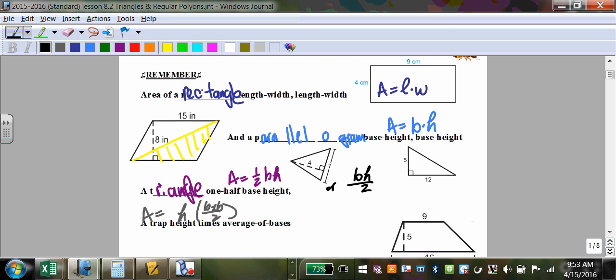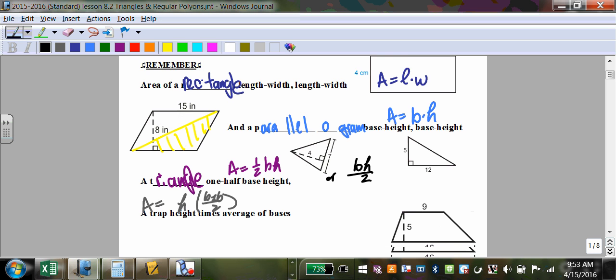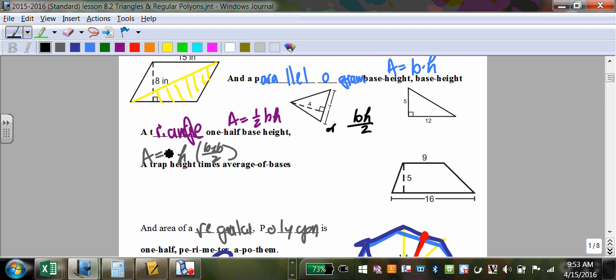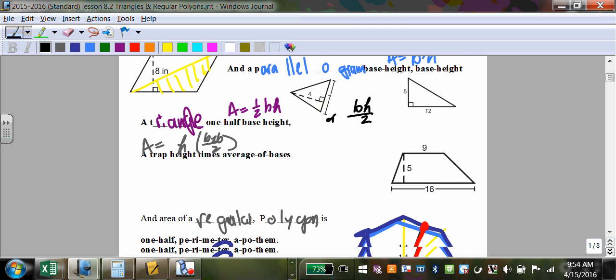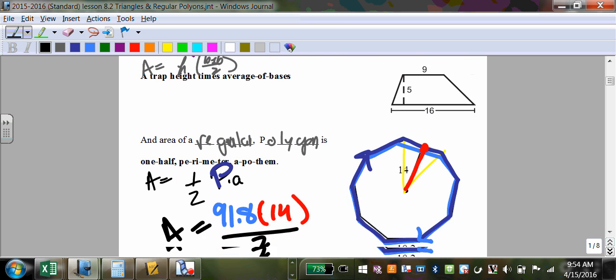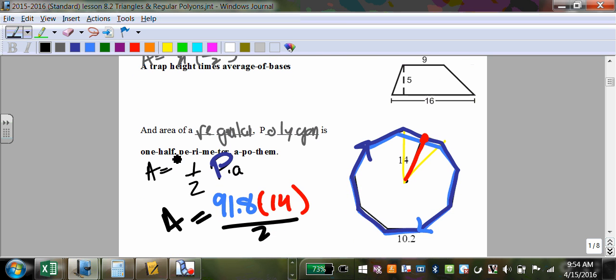Good. Ready? The area of a rectangle, length times width. And a parallelogram, base times height, a triangle, 1/2 base times height, a trap, height times average of bases, and area of a regular polygon is 1/2 perimeter times apothem, boom, boom, boom.